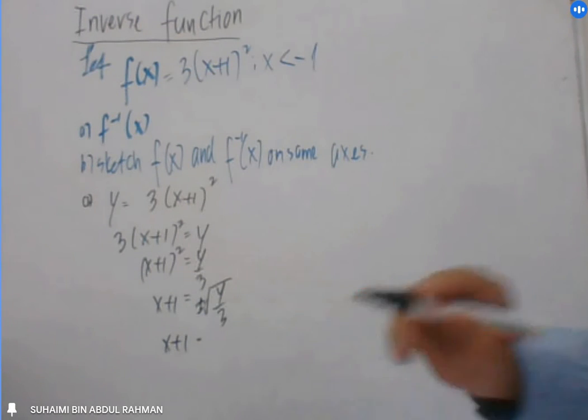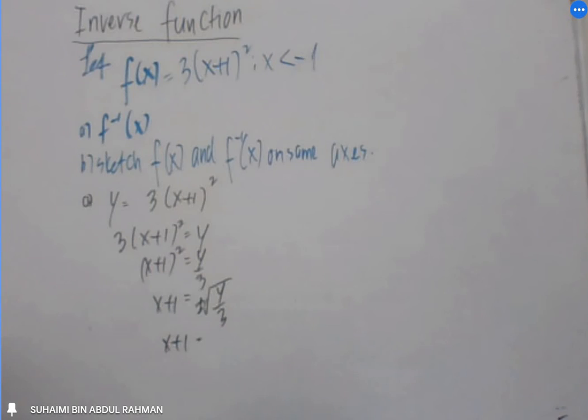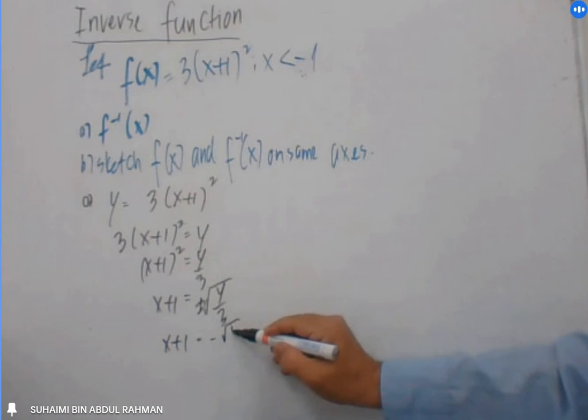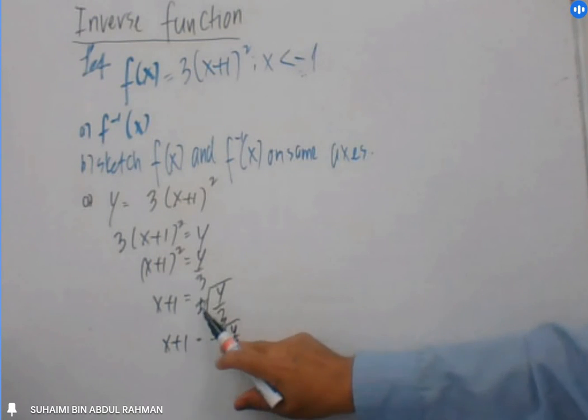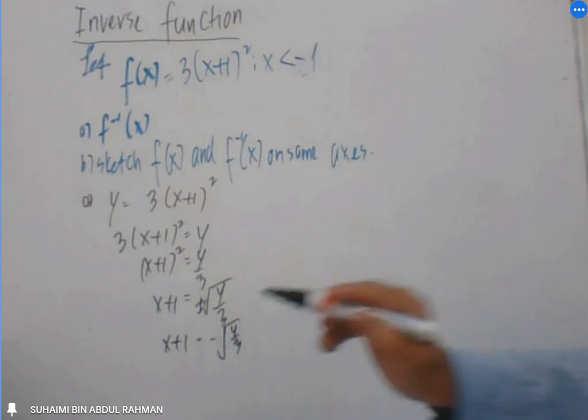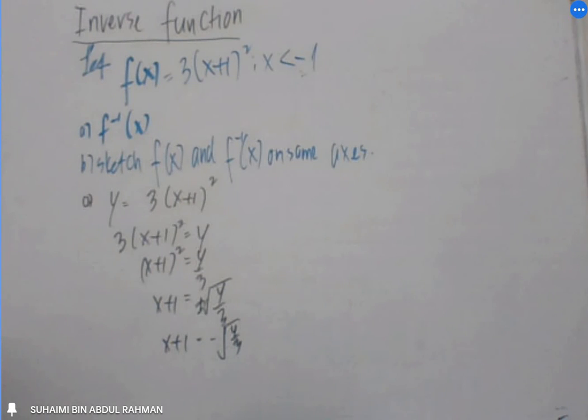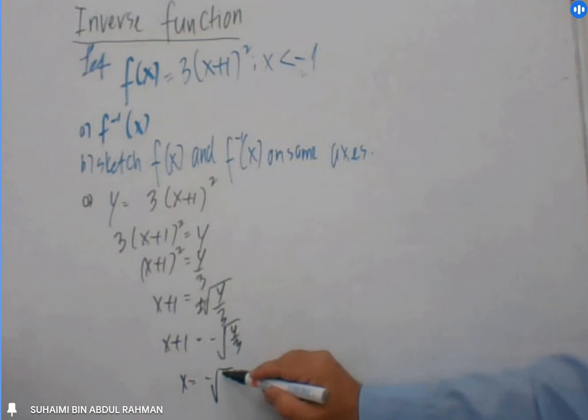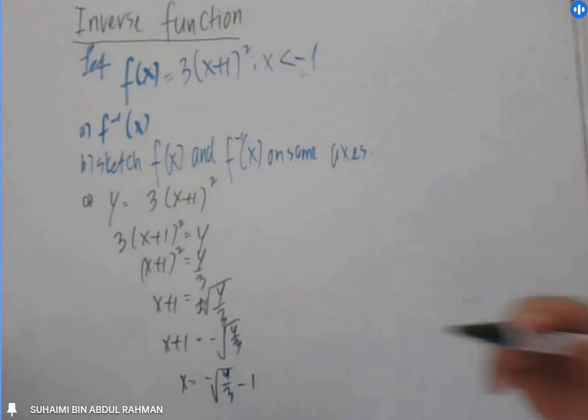In front of the square root is plus and minus. So which one do we choose, either plus or minus? Minus, because the sign is minus here. So minus square root of y over 3. x is minus square root of y over 3 minus 1.